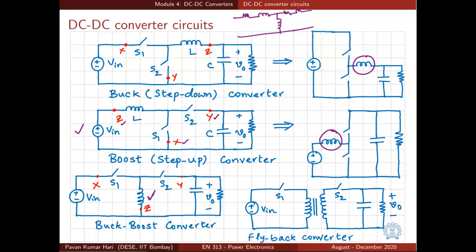So in an ideal transformer, leakage is 0, so this inductance is not present, and there are no resistances for the windings, so this is also 0, and the magnetizing inductance is infinity, right? In a practical, well designed transformer, the leakage inductance will be much smaller than the magnetizing inductance. So we can bring in the transformer in the place of an inductor, and if we do so, we result in this circuit.